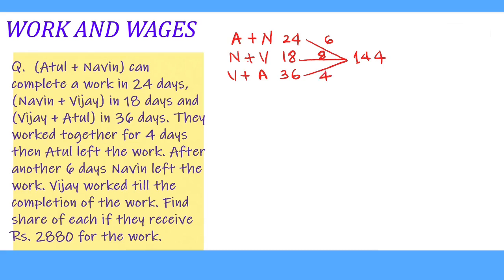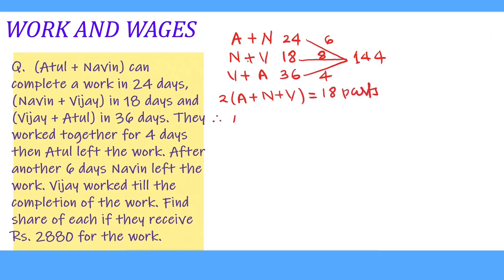Thus, if we divide the work into 144 parts, then 1 day work of Atul plus Naveen is 6 parts, and 1 day work of Naveen plus Vijay is 8 parts, and 1 day work of Vijay plus Atul is 4 parts. And if we add all these, 1 day work of twice Atul plus Naveen plus Vijay equals 6 plus 8, which is 14, plus 4 is 18 parts.